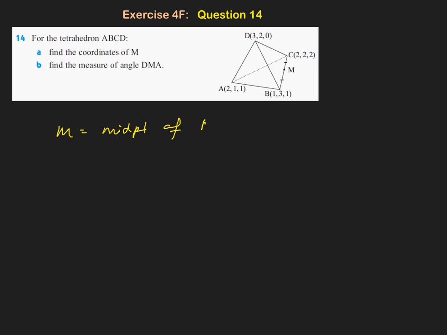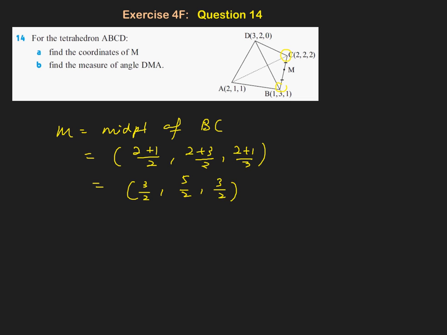So that's clearly 2 plus 1 over 2. We have done this earlier, I think, the formula to find the midpoint. So you get 3 over 2, 5 over 2, and 3 over 2. That's the coordinates of M.